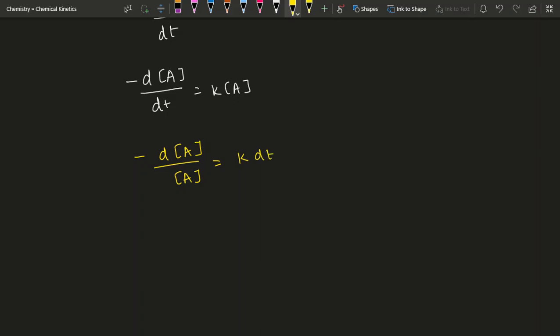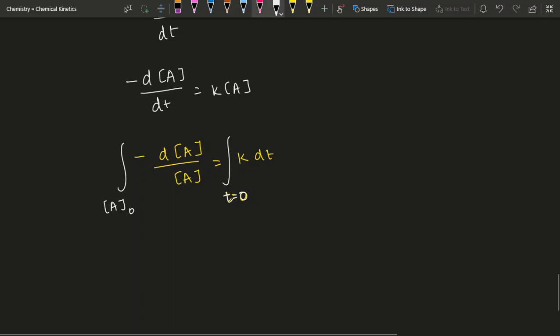And now this is in a form where you can integrate both sides. So let's do that. And the integration limits: initially the time was equal to 0, and the concentration was equal to a certain number. Let's take it to be A naught.